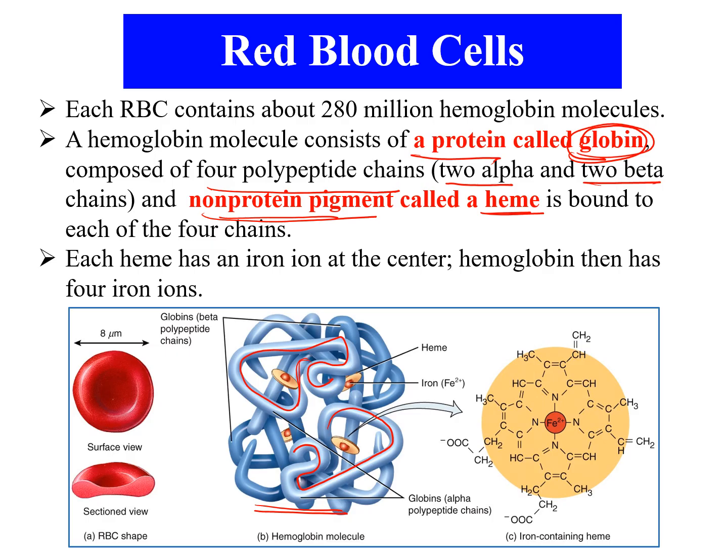So 2 alpha polypeptide chains. The dark blue chain there and this other dark blue chain at the bottom are the beta polypeptide chains. So we have 2 beta and 2 alpha, giving us 4 polypeptide chains.